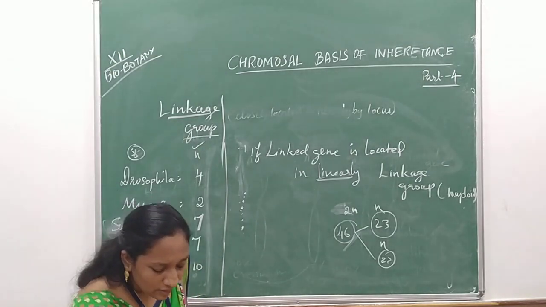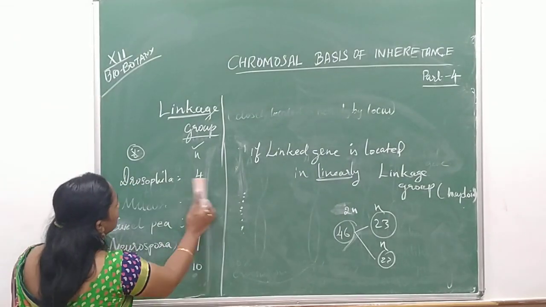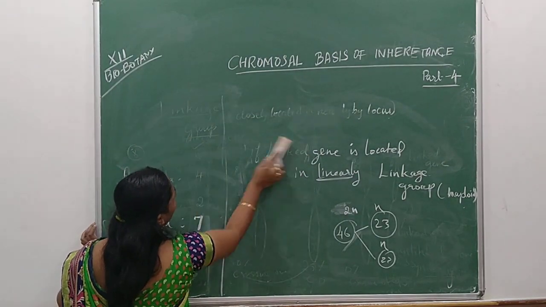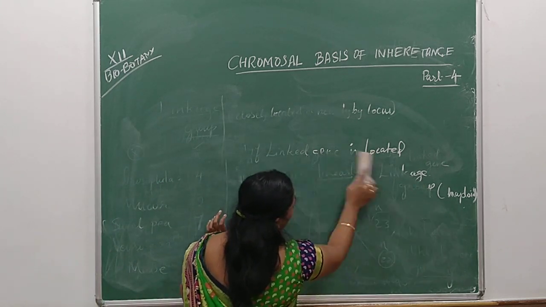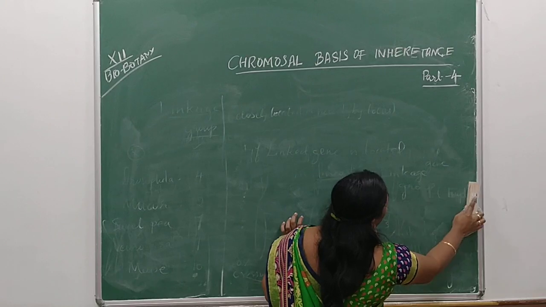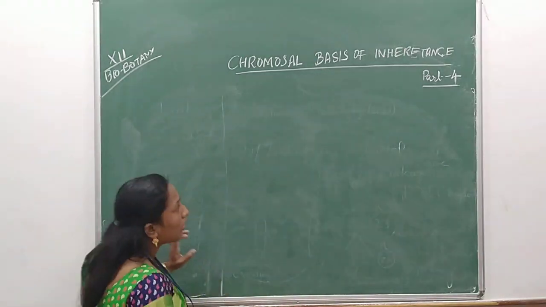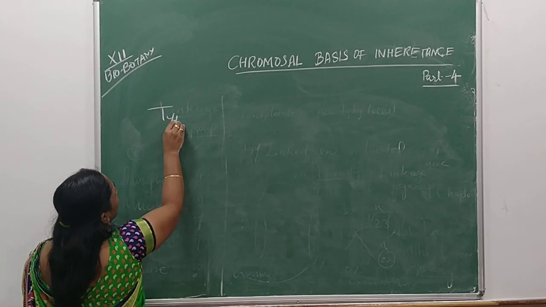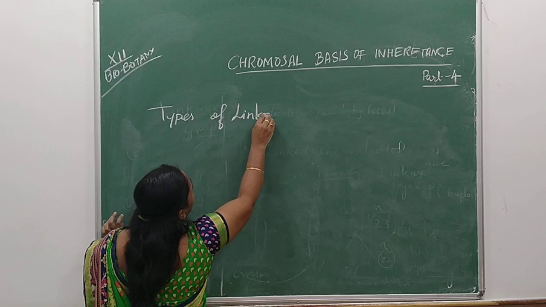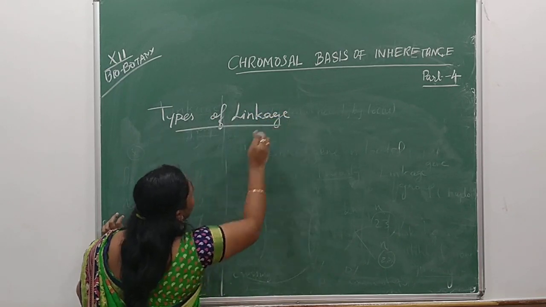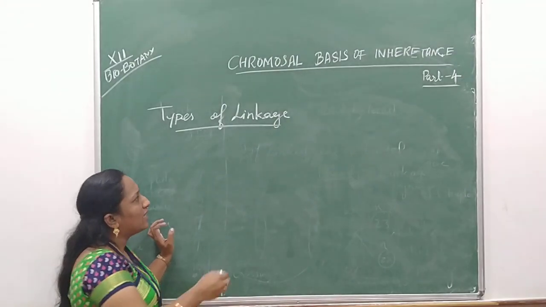Okay, let us learn the types of linkage. There are 2 types of linkage: complete linkage and incomplete linkage.